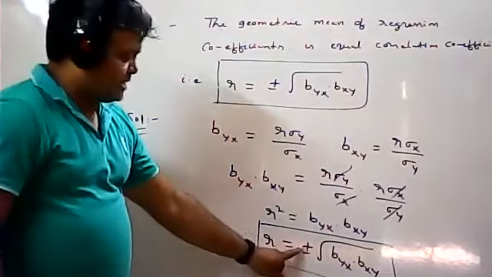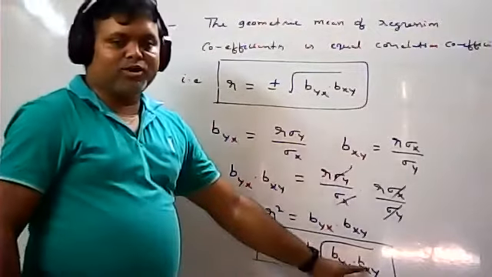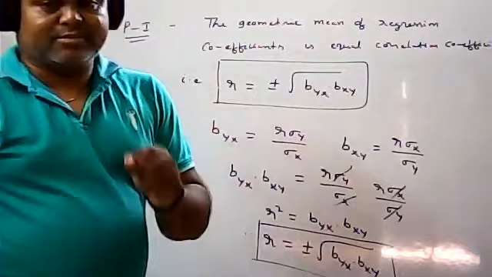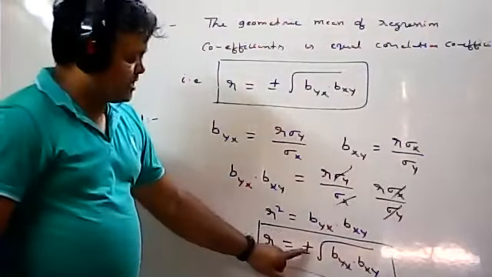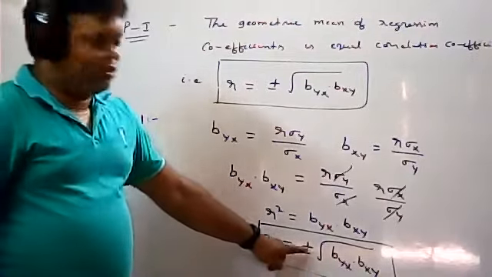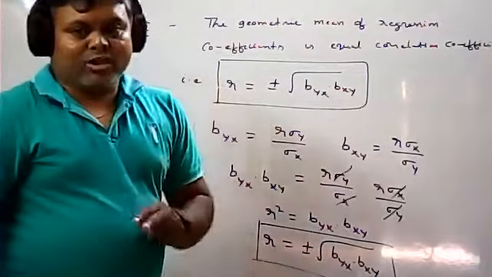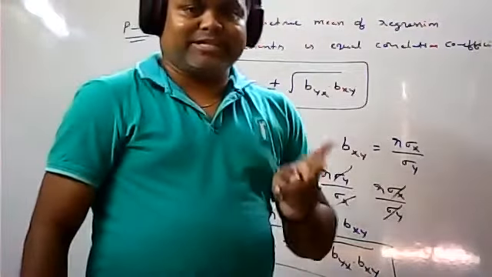When do you take the plus sign? If both the regression coefficients are positive, suppose Byx is 0.2 and Bxy is 0.6, both positive, take the plus sign. If both the regression coefficients are negative, take the minus sign. The alternative is not possible: that means one positive and one negative is not possible.